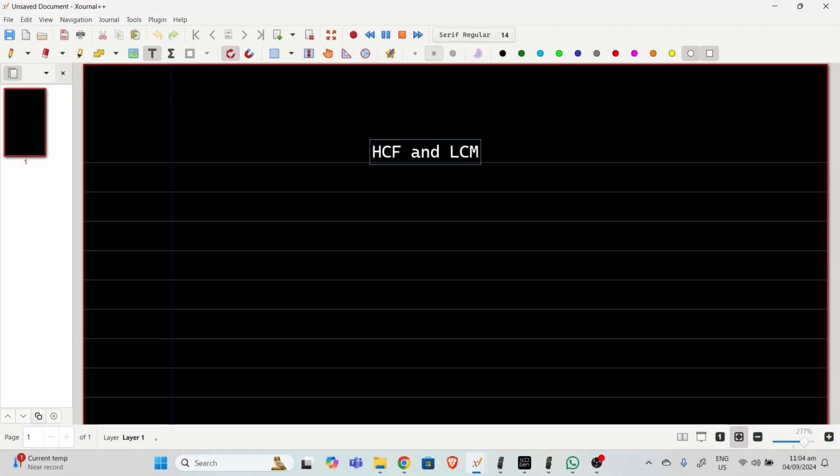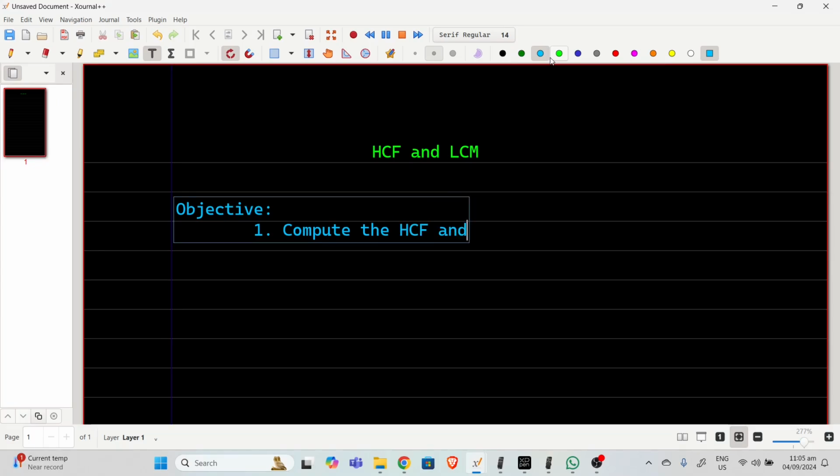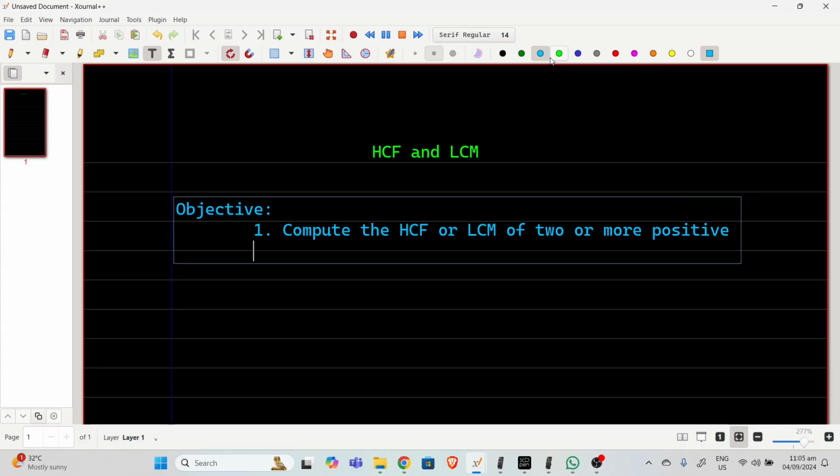And the objective is to compute the HCF or LCM of two or more positive integers. All right, so that's the objective for today.